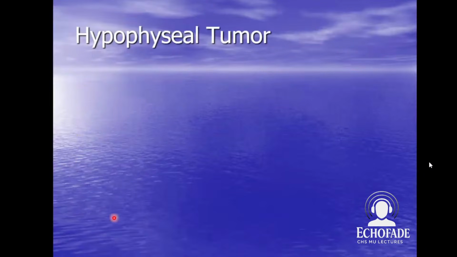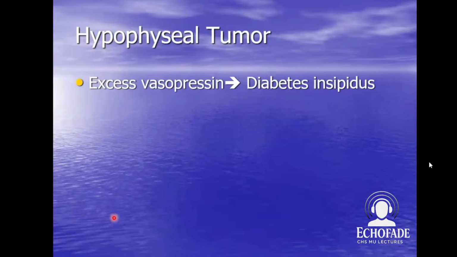What happens when you have a tumor of the hypophysis? When the glands of the hypophysis have a tumor and they grow, they have cancerous tissue, they produce excess hormones. Specifically, two cell types are of importance here. We have those that produce vasopressin, from the paraventricular and also supraoptic nuclei.